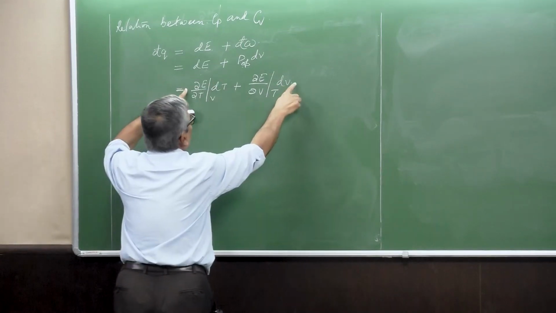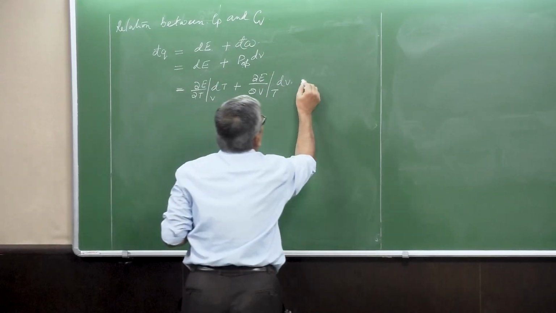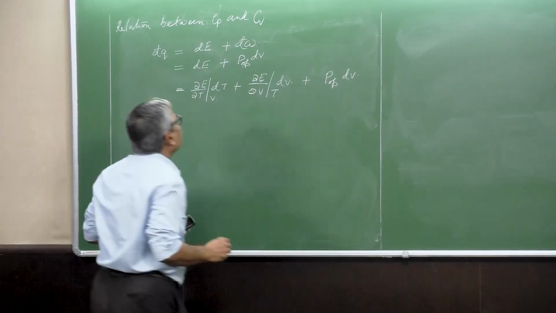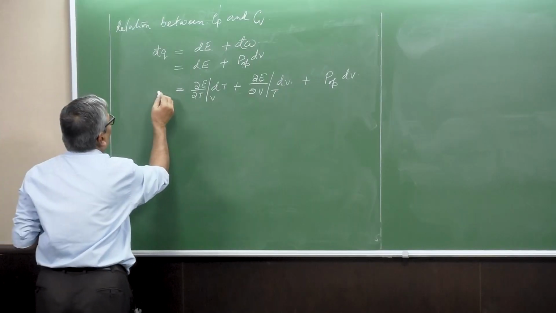So dQ is composed of these two terms plus P opposing times dV.